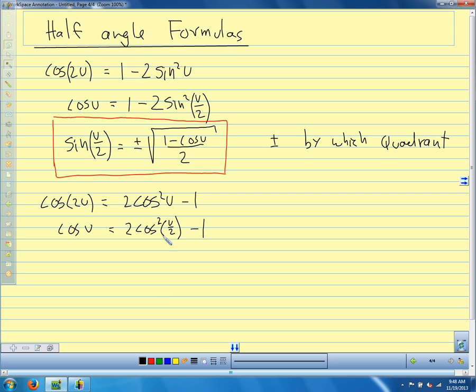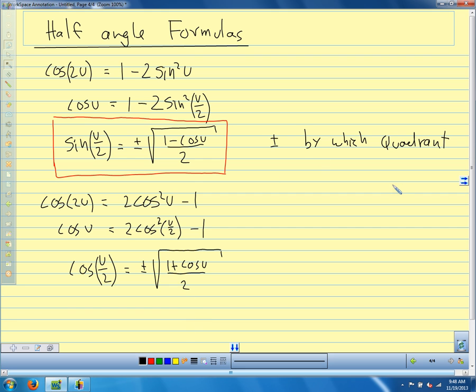And I solve this for cosine of u over 2. And I get that the cosine of u over 2 equals plus or minus the square root of 1 plus cosine u divided by 2.